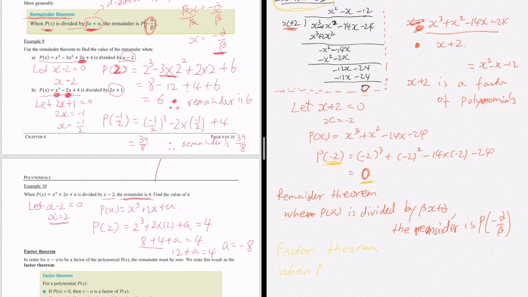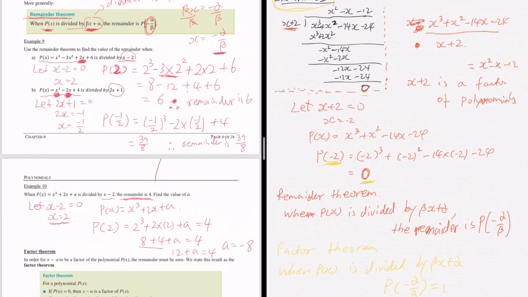When p of x is divided by beta x plus alpha, if you substitute negative alpha over beta back into your dividend, if you get some number, that's your remainder.